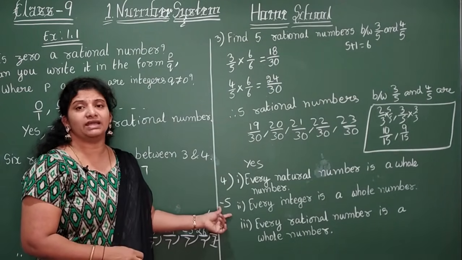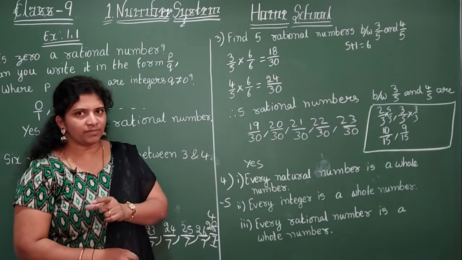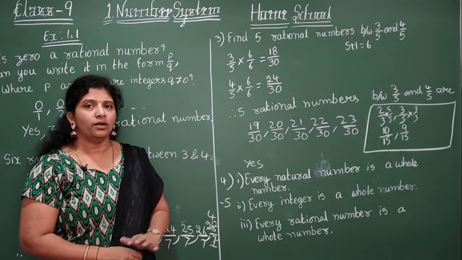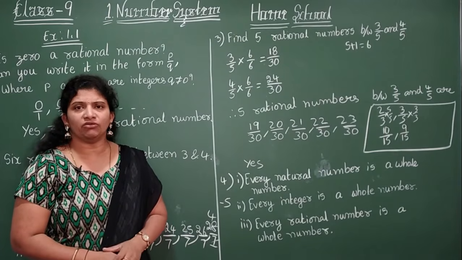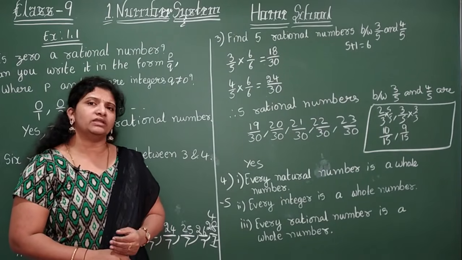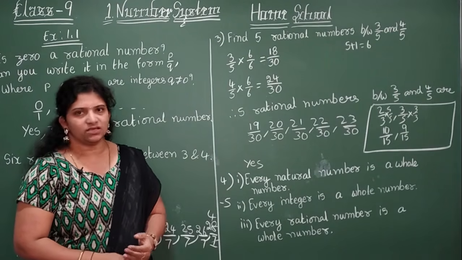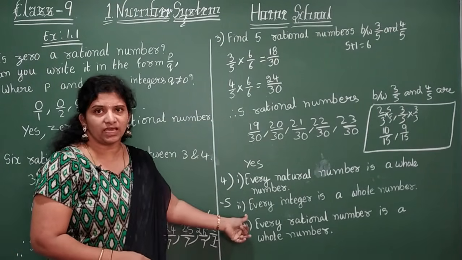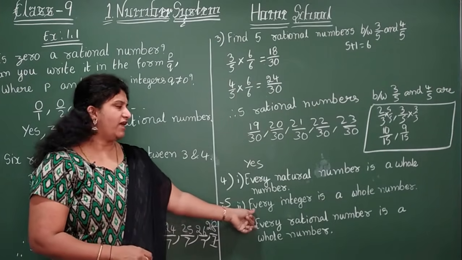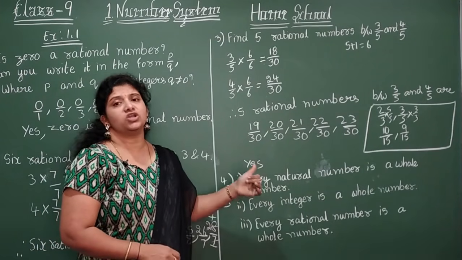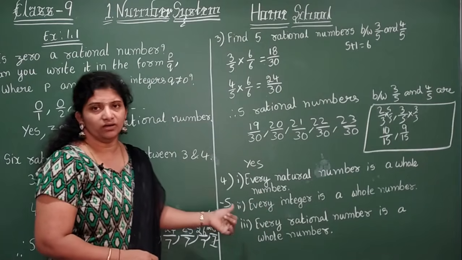Whole numbers contain only natural numbers along with 0, but they do not contain any negative number. If there is any negative number, that type of number will be an integer. So for this statement, what do you say? It is false. Every integer is not a whole number.